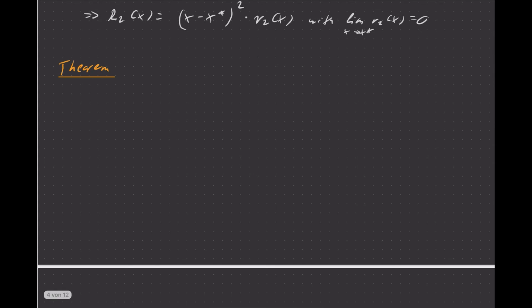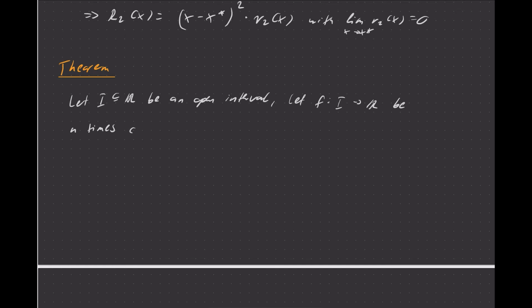We, of course, need the usual provisions here. So let I be a subset of R, again, an open interval, and let f be a function on I mapping to R, be n times continuously differentiable.